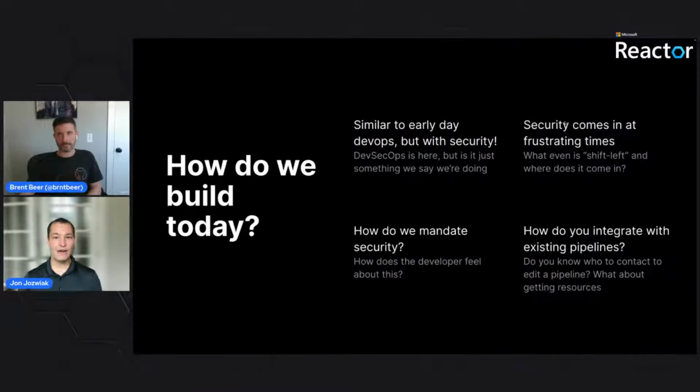So how do we build today? Today, I see customers across a large range of security solutions or capabilities. I see customers who are at the early days where they're still doing code security scanning at the very end, just before they're deploying. I see others who have it totally integrated within their pipeline, their process, and they're doing deployments to a public application on a regular basis.